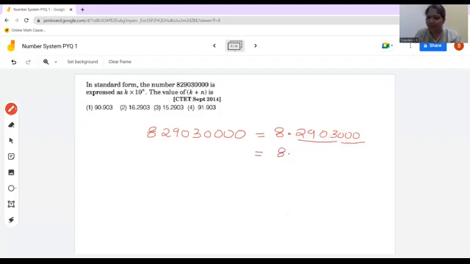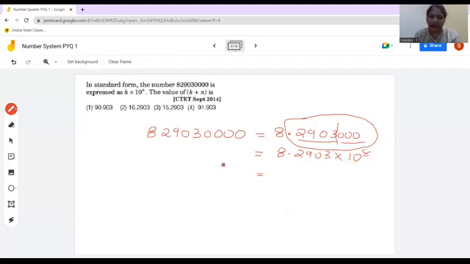So you just write up to the numerical part: 8.2903 into 10 to the power 8. The number of digits coming after the decimal place, you write as the power, 8. Okay. So the standard form is 8.2903 into 10 to the power 8.